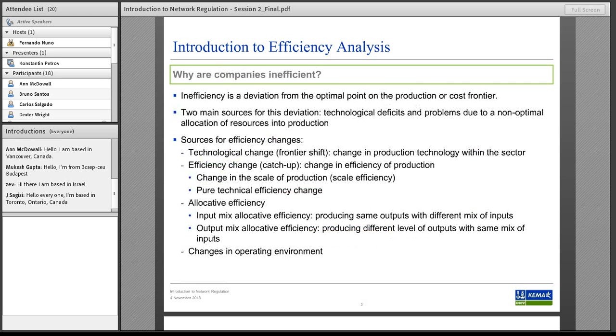There are several reasons why companies can be efficient or not so efficient. And what you can see in slide number 5, we just try to list several of them. And usually one of the sources which is often referred to is the so-called technological progress or technological change. Sometimes you see also in literature the word frontier shift.